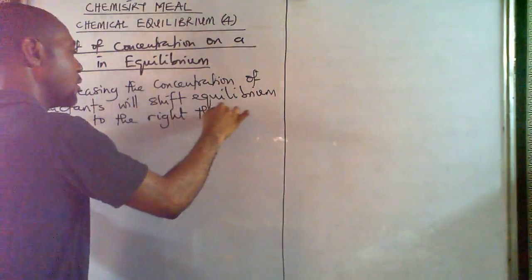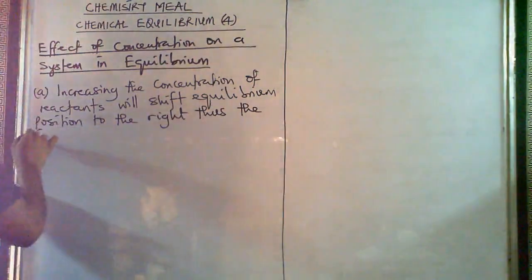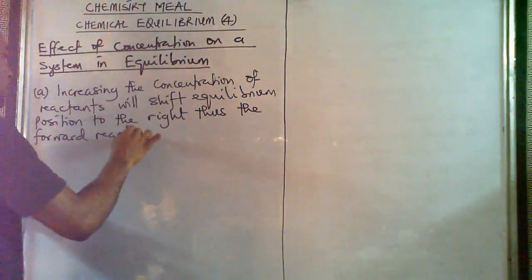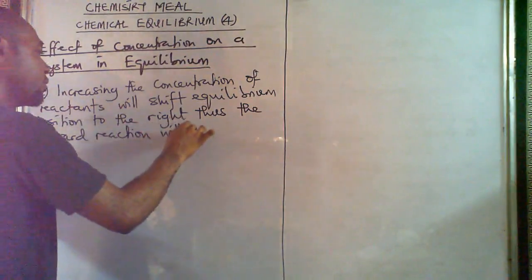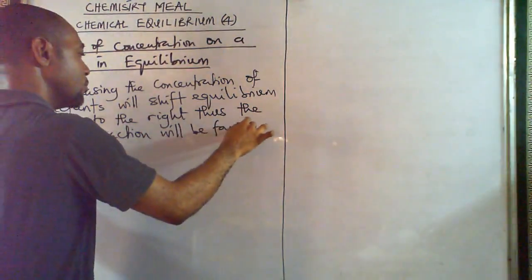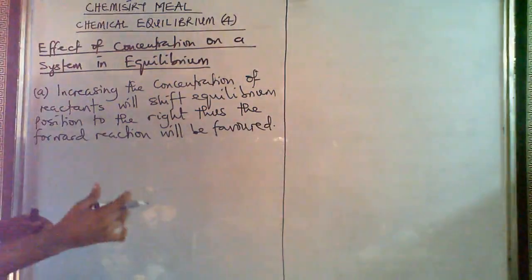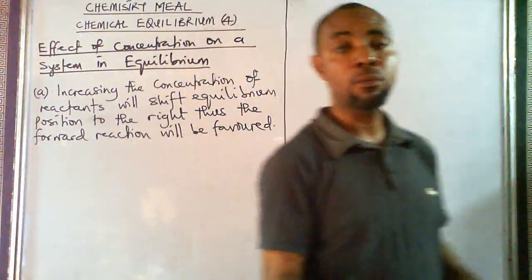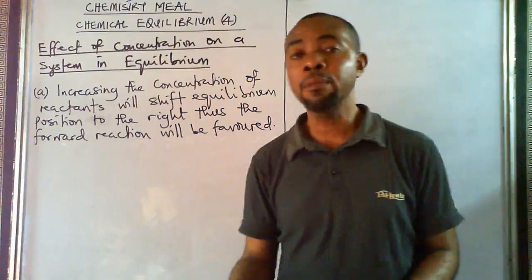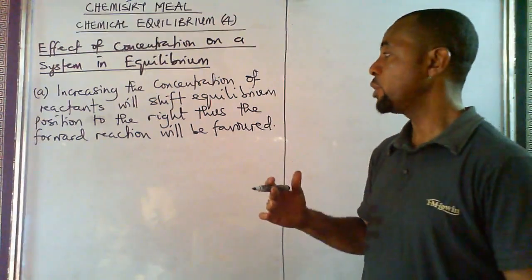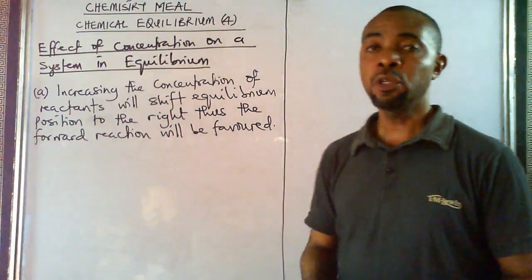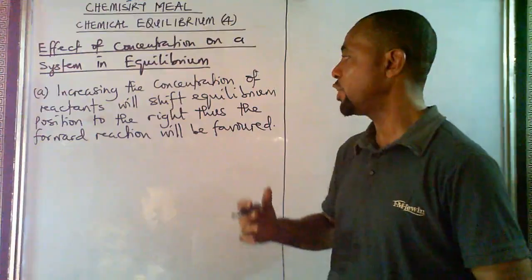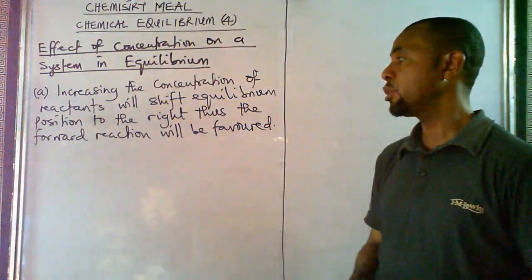Thus, the forward reaction will be favored. So when we increase the concentration of reactants in a system that is in equilibrium, definitely the equilibrium position will shift to the right.